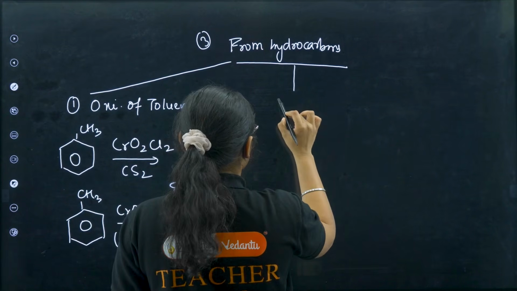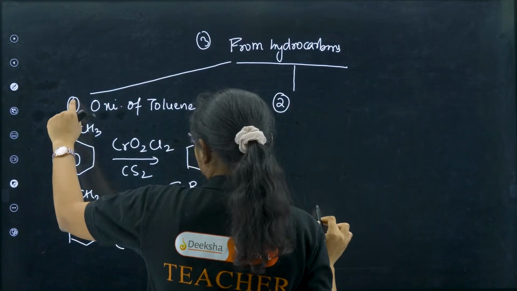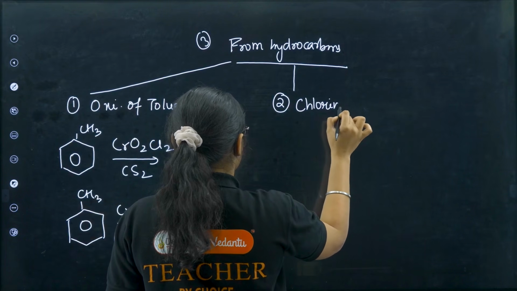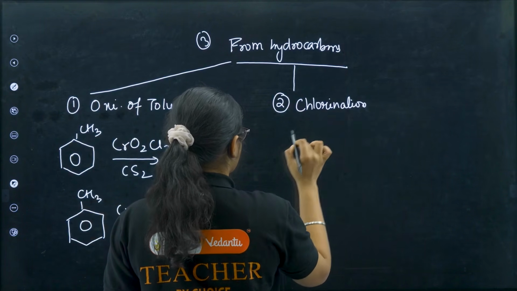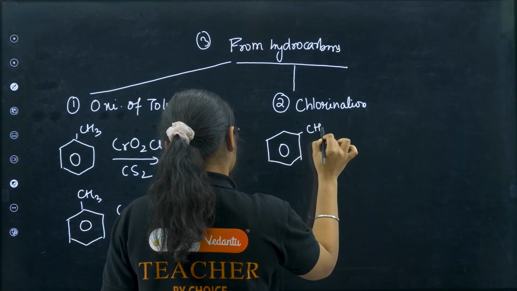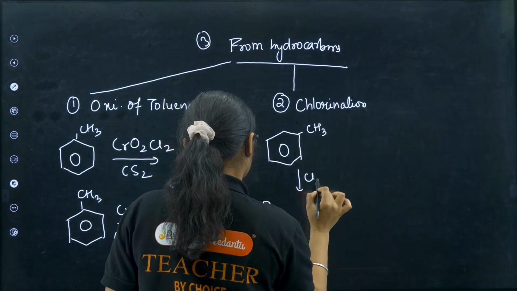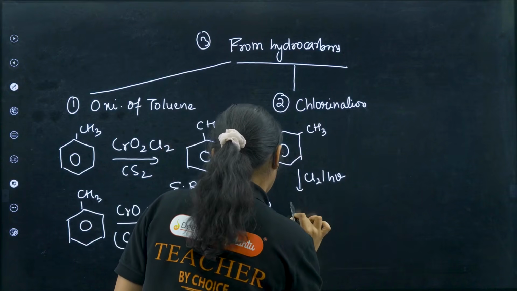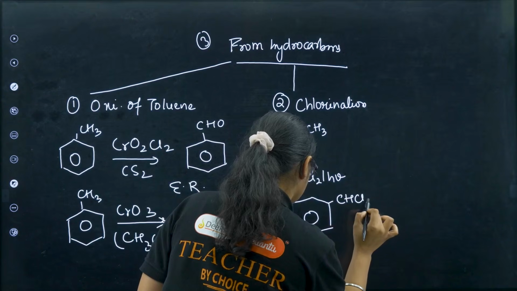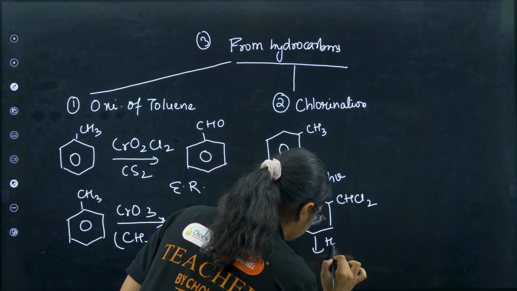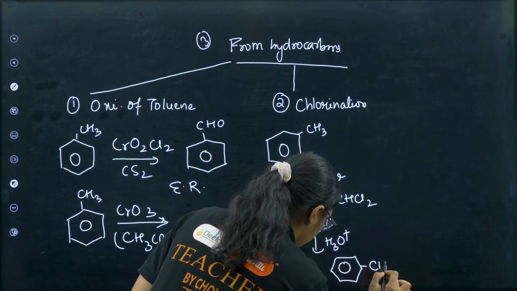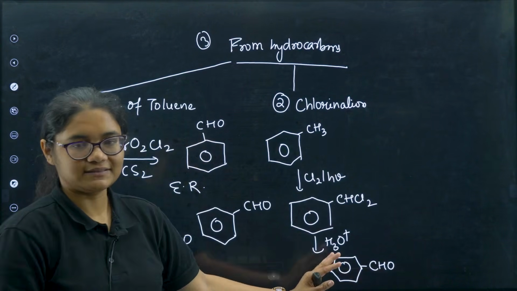This is the first part gone. Now what is the second thing here? After oxidation of toluene, the next one is chlorination. In chlorination you take this CH3 and treat it with chlorine and hν, and you get CHCl2, and then you do hydrolysis and you will get CHO, benzaldehyde.